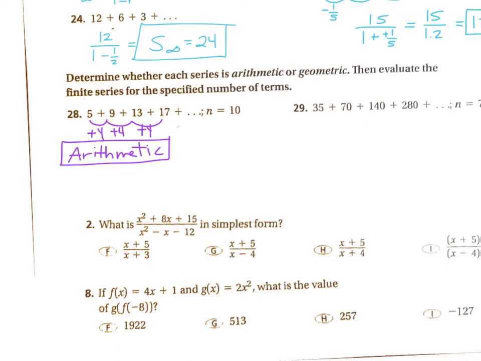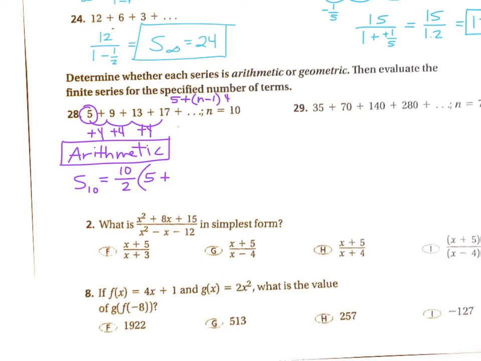And then it says to evaluate it. So we're doing the sum of an arithmetic finite series. So the sum to 10 terms would be the number of terms over 2 times your first term, which is 5, plus your last term. And that's what we need to figure out here. If you remember, in the arithmetic series, we take the first term plus n minus 1 times the common difference, which in this case is 4.